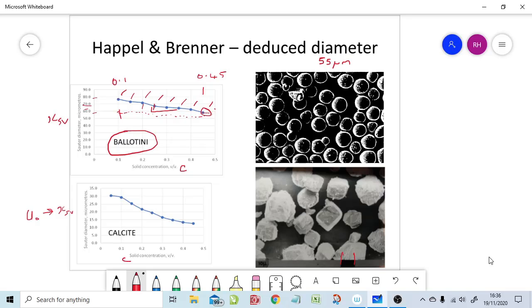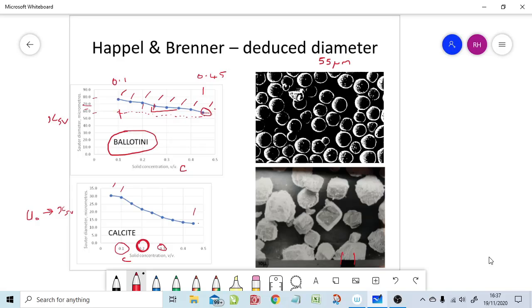And again there's lots of data points, this time going from 5%, or C equals 0.05, up to C equals 0.45. Again, we have apparently larger particles at the lower concentrations. That's 0.1, that's 0.2, that's 0.3. The interesting thing is it's plateauing.